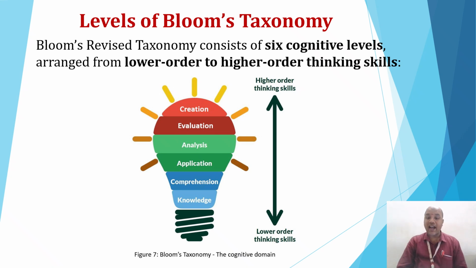Level 4, analyze. The thinking skill is break and examine. The nature of learning is higher order. Level 5, evaluate. The thinking skill is judge. The nature of learning is higher order. The last level, create. The thinking skill is innovate. Nature of learning, higher order. So this is a recap of Bloom's taxonomy.